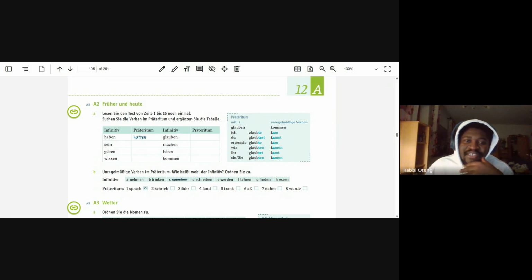So there are plenty of verbs. I always say that when you learn a new verb, learn the Präteritum, and then the present perfect, so you'll be able to use it. Sein in the Präteritum is irregular: war, or waren for plural. Then haben is hatte. Geben is gab.